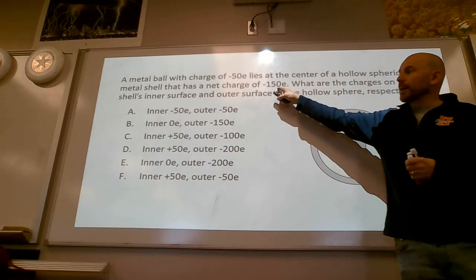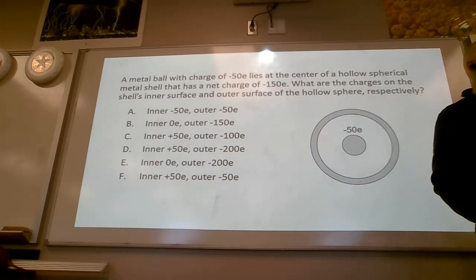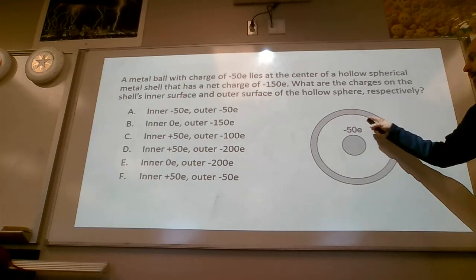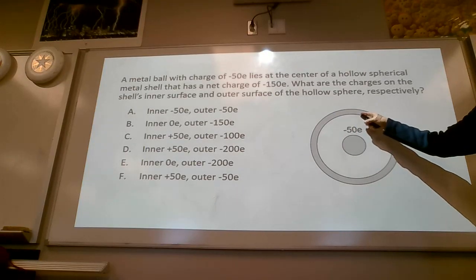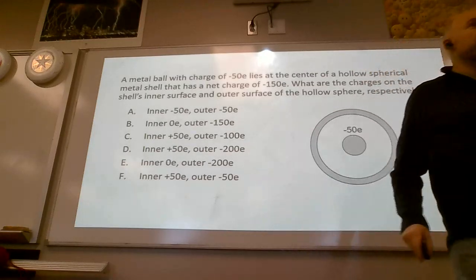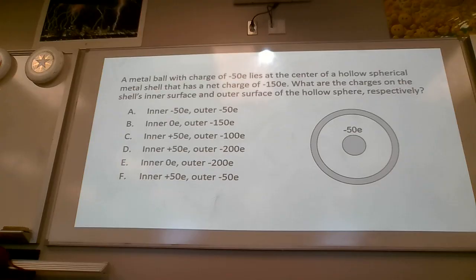But the whole thing has a charge of negative 150. So if there's plus 50 in here, there needs to be negative 200 on the outer surface to make the net charge negative 150. How are we doing with that idea? Okay.